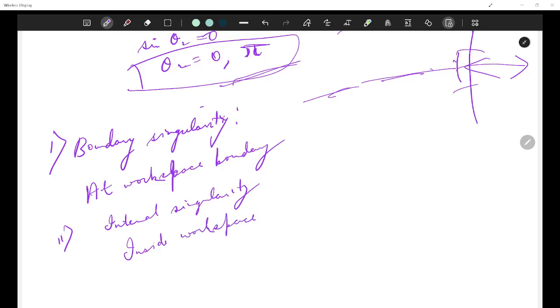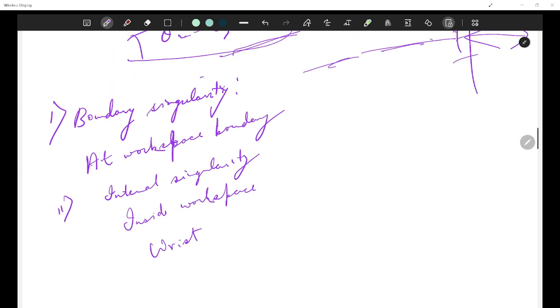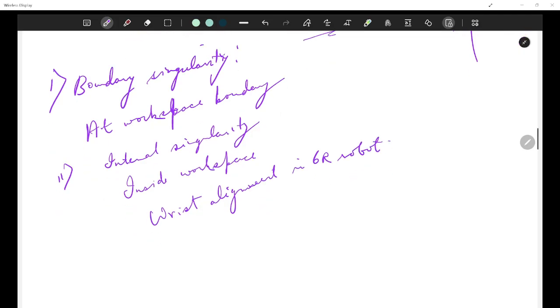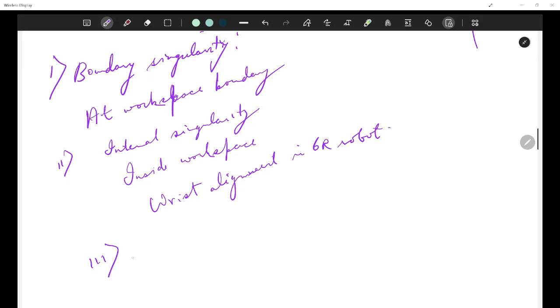A common example that I can give you, which you can look at, is wrist alignment in a 6R robot. And the other is wrist singularity. This is not a very different type, but I am writing it because it can be taken from an industrial robot example.